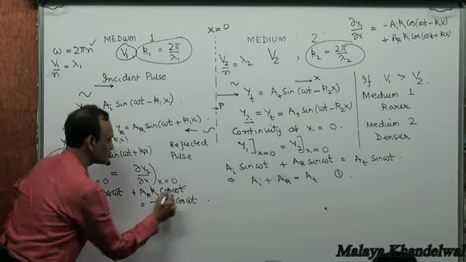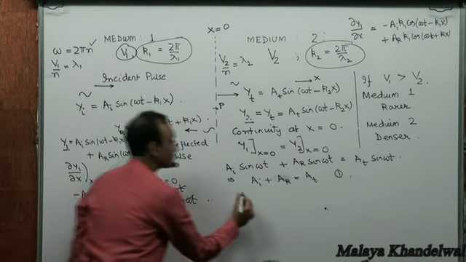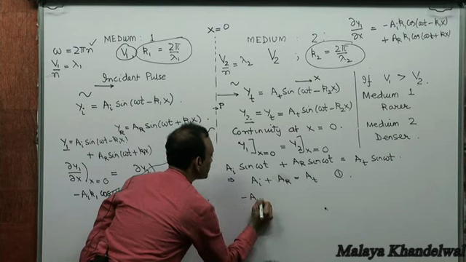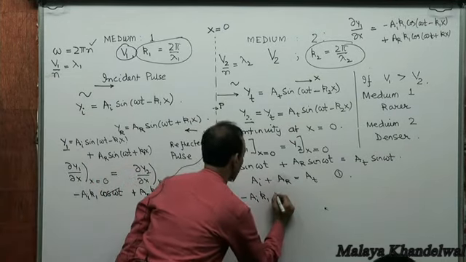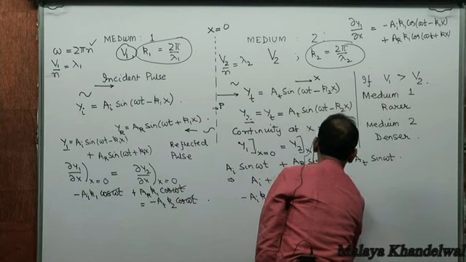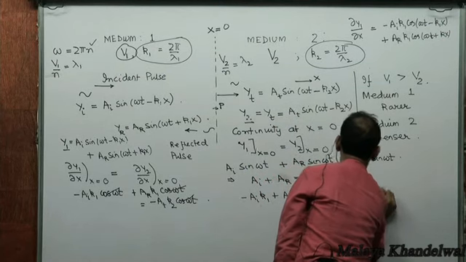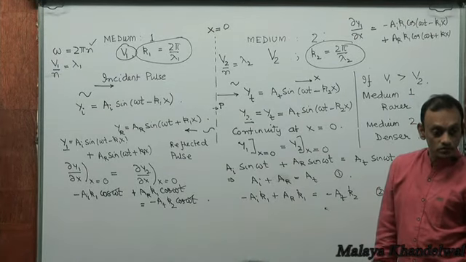Cos omega t goes away and I end up getting another equation: minus Ai k1 plus Ar k1 equal to minus At k2. That's what I get. Yes or no? Two equations, two unknowns.